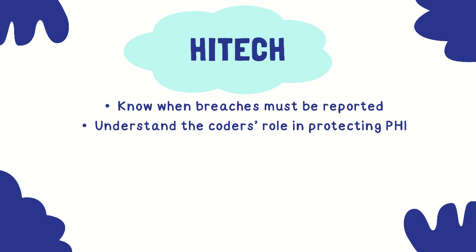And the risk assessment can consider the nature of the PHI that was involved, who actually received the unauthorized information, whether the PHI was actually viewed or acquired, and then the extent to which the risk has been mitigated.